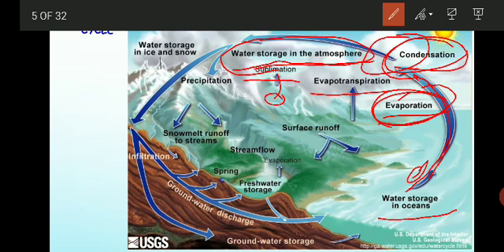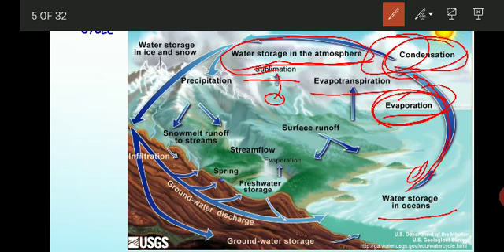So it changes from liquid to vapor, and it is released to the atmosphere. So that happens in transpiration. So these are all the ways in which the water converts and forms the clouds.